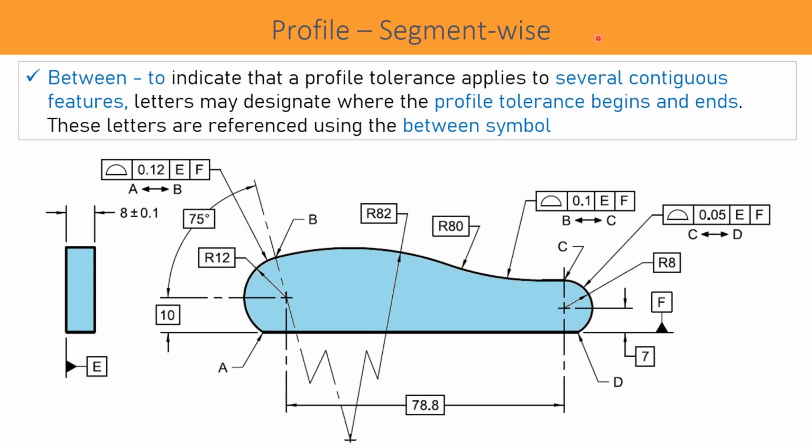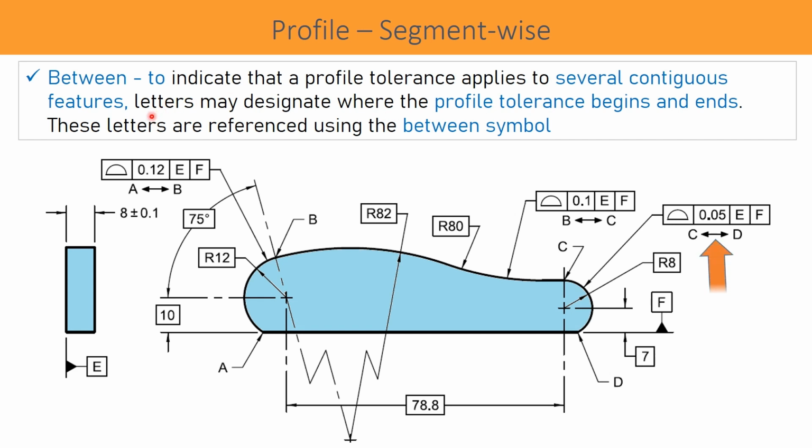Suppose it is not a requirement of all around or all over controlling of the surfaces, but different sections are to be controlled with different tolerance zones. Then the between symbol is used. The between symbol is these two opposite arrows. It indicates that a profile tolerance applies to several contiguous features.